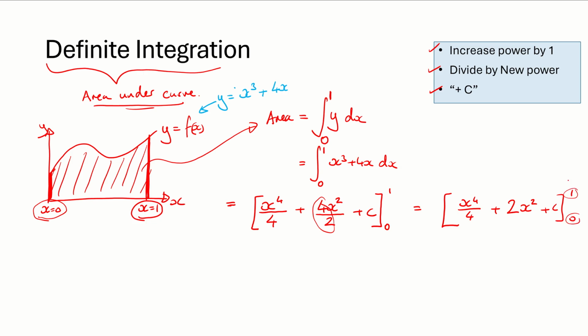To do that, we do the upper limit first. So 1 to the power of 4 divided by 4 plus 2 times 1 squared plus c. This is that square bracket with the upper limit substituted in.